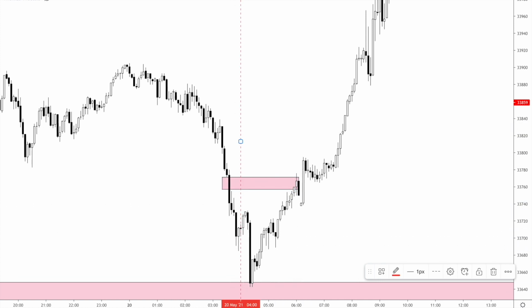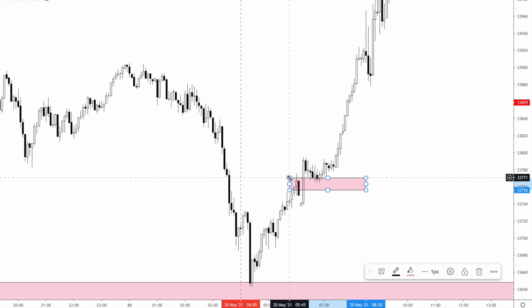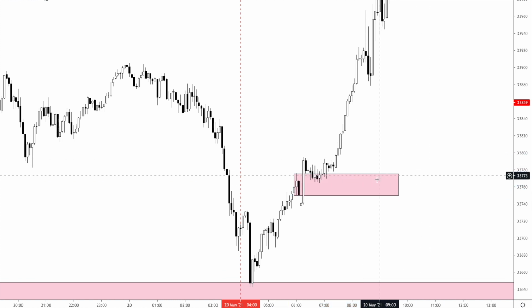However, the market failed to push down and play this order block to continue down, right? So instead, the market continued up, right? So we had this aggressive break. Normally when you have an order block that is broken, we normally use it for entries in the opposite direction, right?